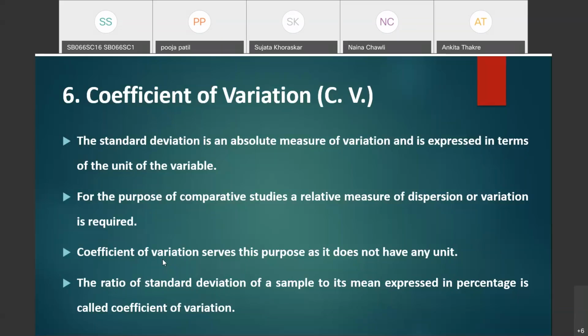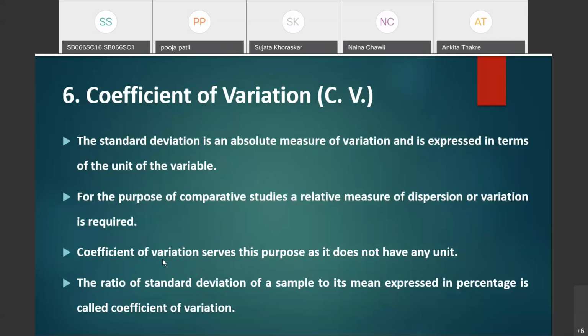The coefficient of variation does not have any unit, but the standard deviation does. That is why a relative measure of dispersion is required, and the coefficient of variation serves this purpose as it does not have any unit.